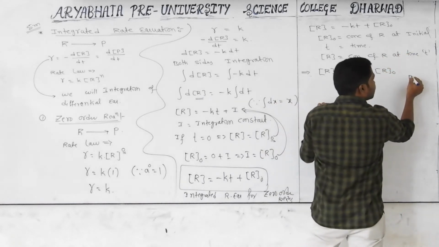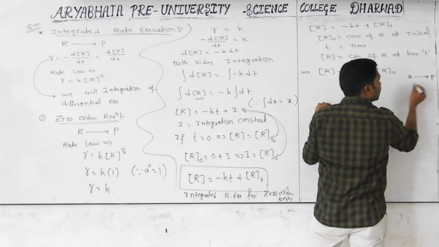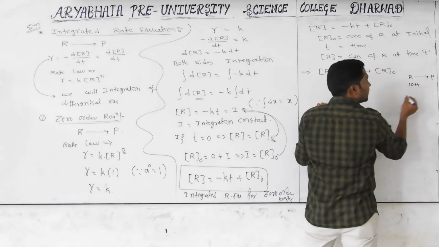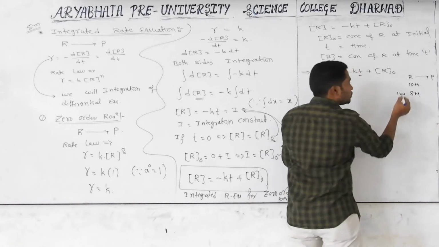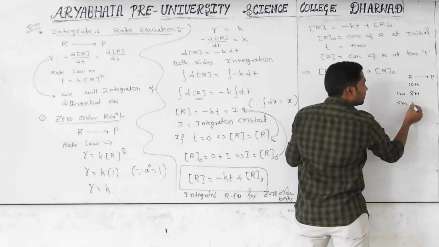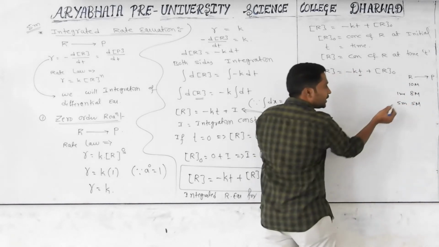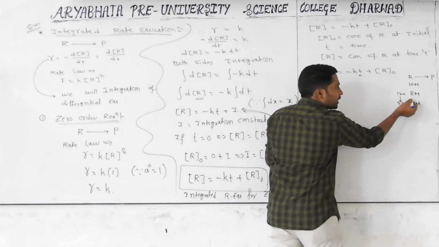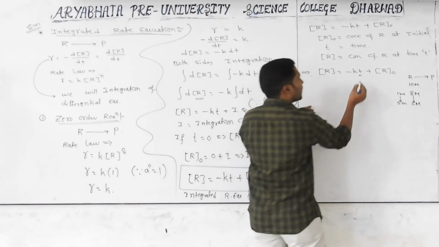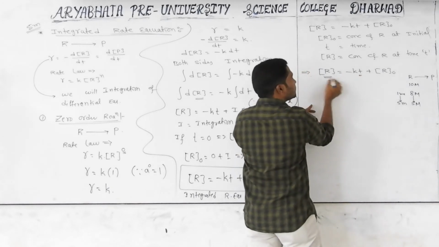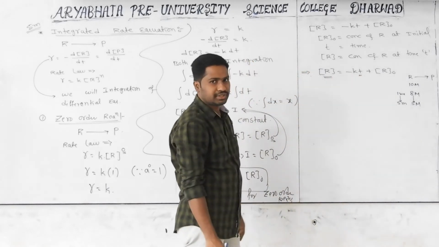As you have a reaction, the reactant is converting to product. Initially 10 molar is there. After 1 minute, it becomes 8 molar. After 5 minutes, it becomes 5 molar. What is happening here? As the time is changing, the corresponding concentration of the reactant is also changing.